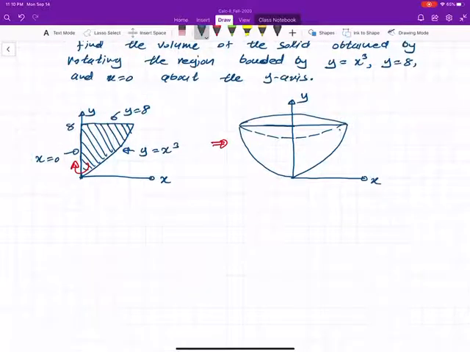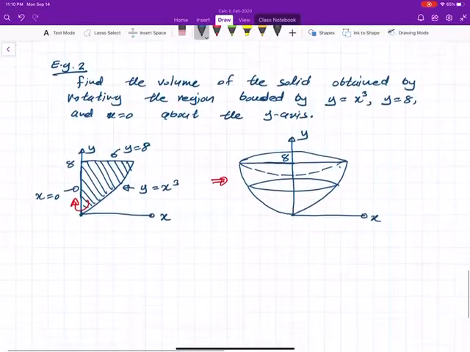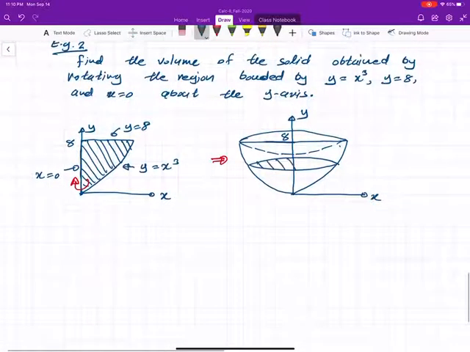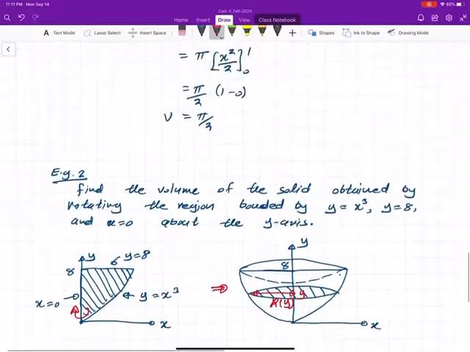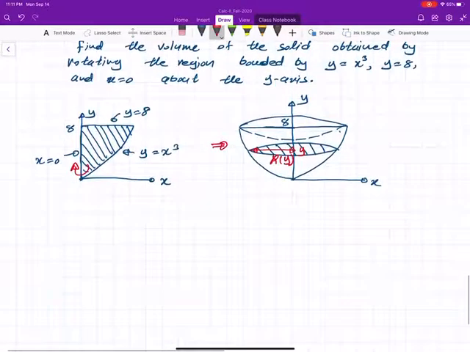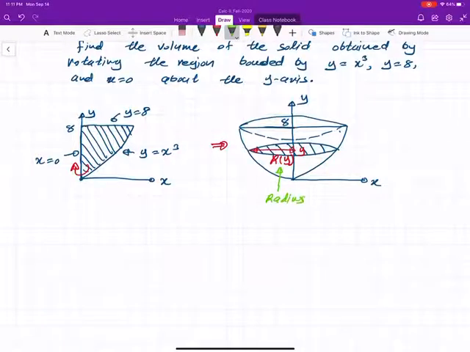Again, you make a cross section. This is number 8. You make a cross section like this. This means radius as a function of y.